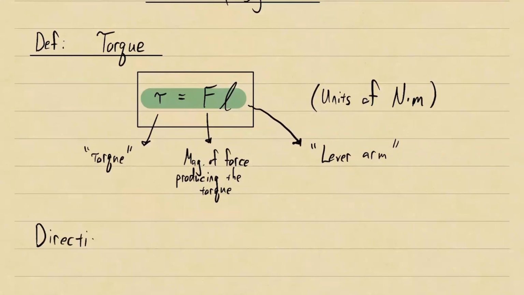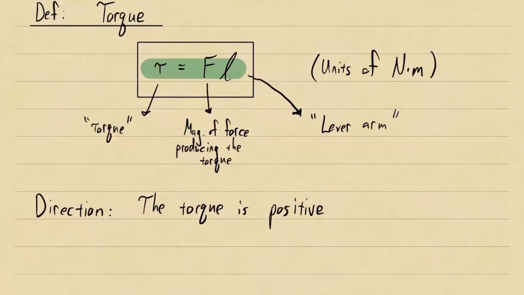So the direction: the torque is positive. This is as much a definition as it is a convention. We could choose this any which way, but this is typically how we choose to define the torque. So the torque is positive when the force tends to produce a counterclockwise rotation about the axis.